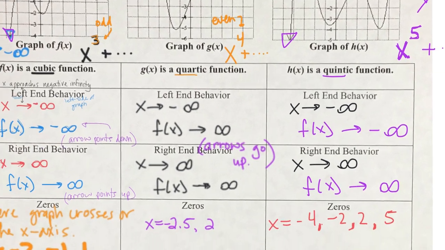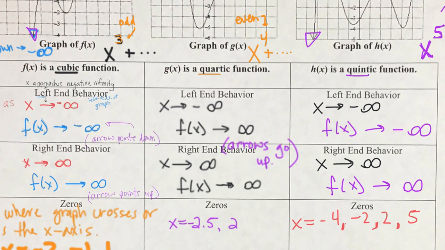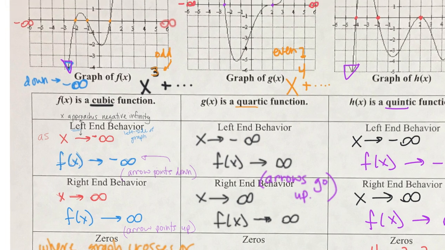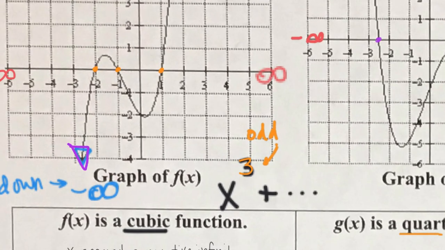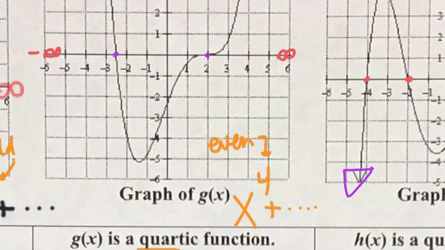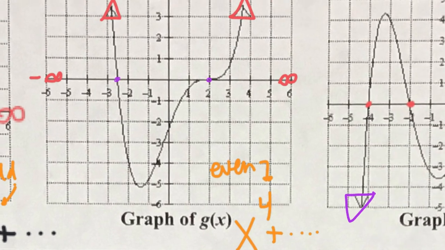So now let's talk about the multiplicity. This is a good vocabulary word. Like we set up here, a third degree should have 3 zeros, 3 places where it crosses the x-axis because it has a power of 3. Now this one had a power of 4, but how many times does it cross the x-axis?